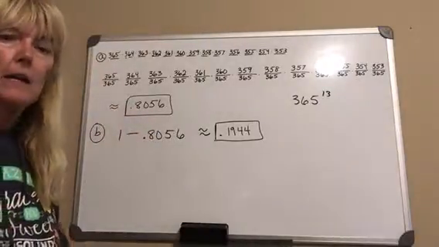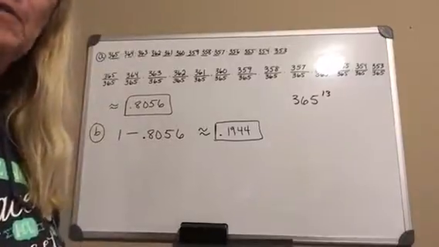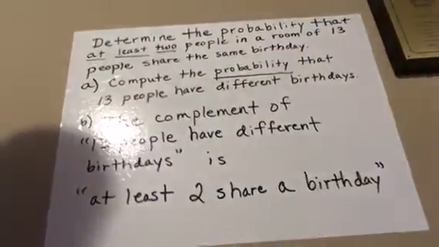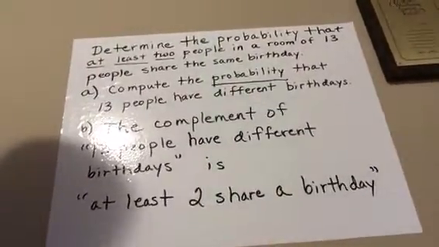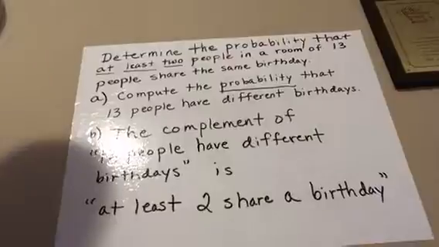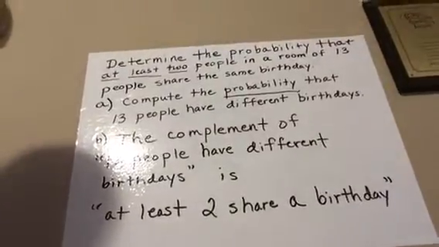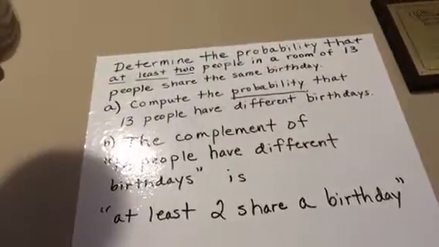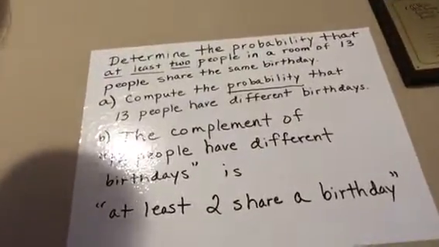All right. Now back over to B. I'm going to go back over here so you can remember question B. They're sort of leading you through the problem, which is very nice and very helpful, because they said part B is the complement of 13 people have different birthdays is the same as at least 2 people share a birthday.